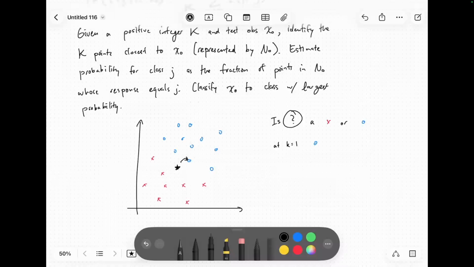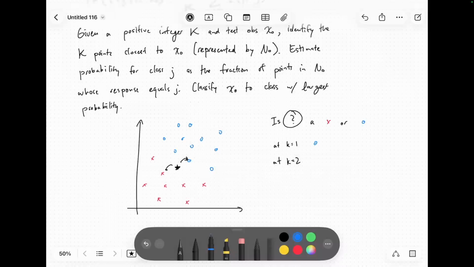Let's say we want to now do k equals 2. Well, in this case, let's say the next closest is this red point. So now you have a red and a blue point. But when there's a tie, you go with the one that you were at originally, because that indicates that the original one was a closer point.